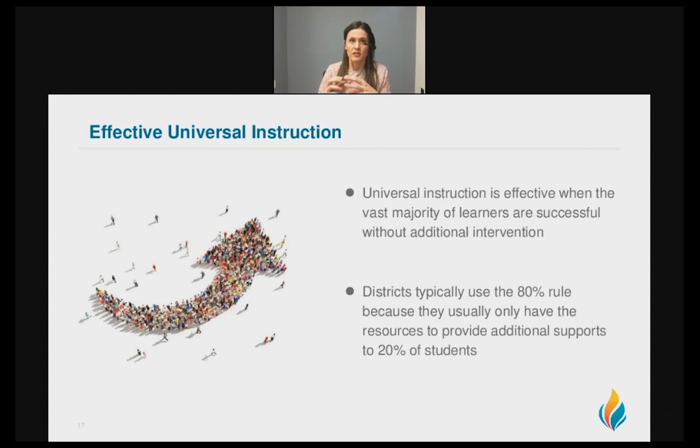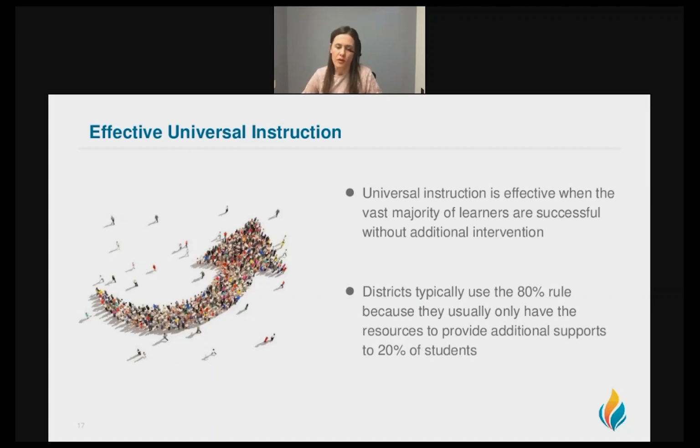In order for us to know whether or not we're meeting the needs of most students, we need to make sure that our instruction is in fact effective. It's effective when the majority of our learners are successful without the need for additional intense interventions. We've had this 80-20 rule, or if you look at data, you may have heard this number being thrown around.